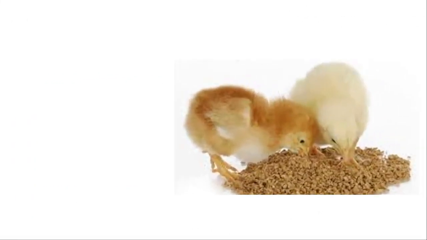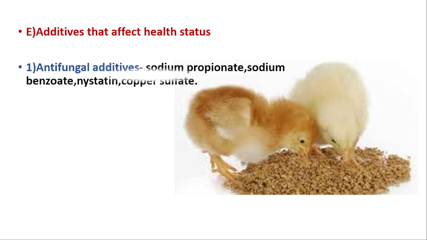Now we see the additives which affect health status. First, the antifungal additives. Antifungal additives are agents that destroy fungi, and they work at different stages of the feeding chain: in the field before harvesting, during the storage of food by mixing with the food, and within the animal itself.